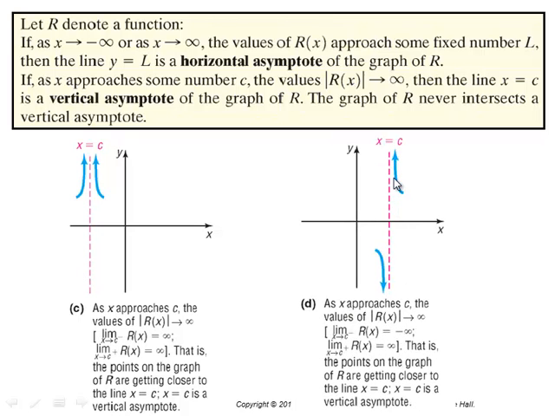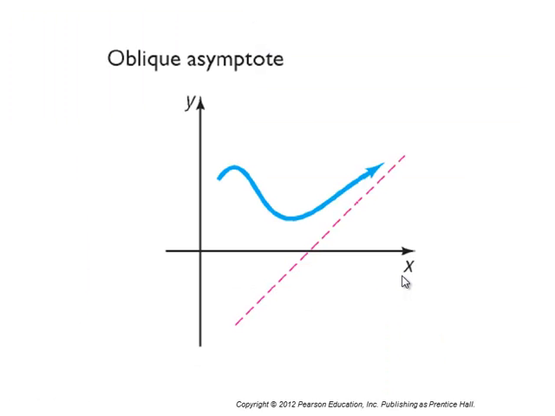We could have a vertical asymptote where the function displays behavior like this, where you let x approach c from the left and the function goes to negative infinity, but if you let x approach c from the right, maybe the function goes to positive infinity. Or it could be that the function goes to negative infinity as x approaches that value of c from either direction.